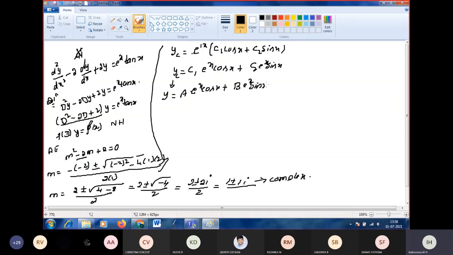Now we have to compare this with the standard function.